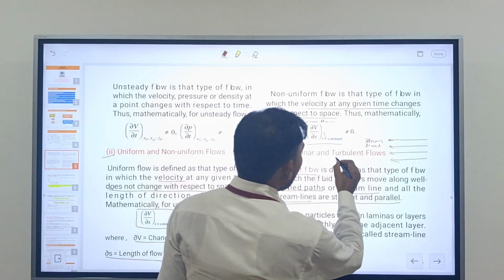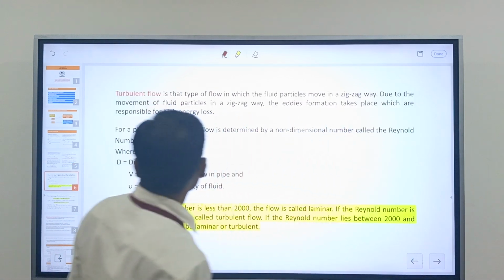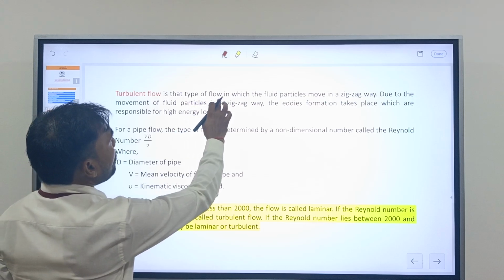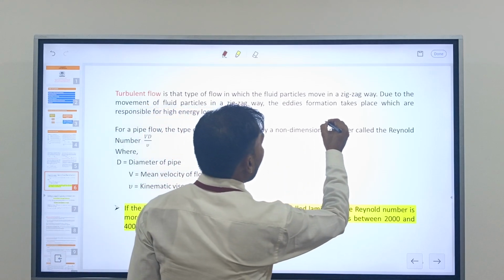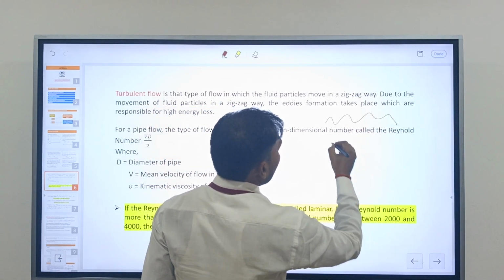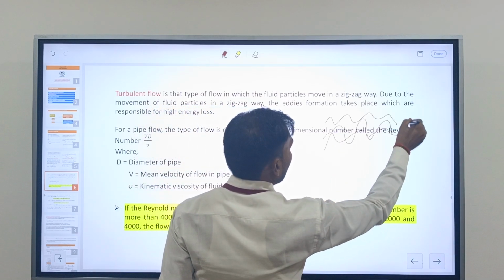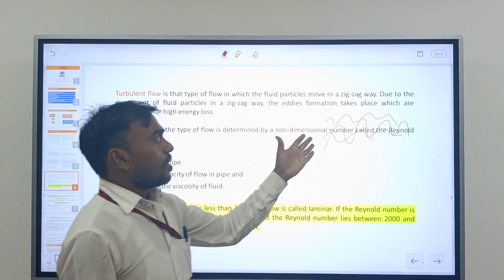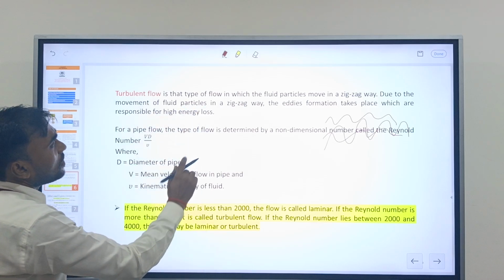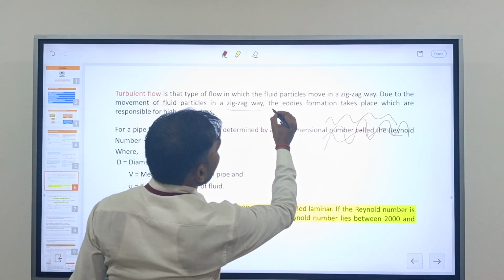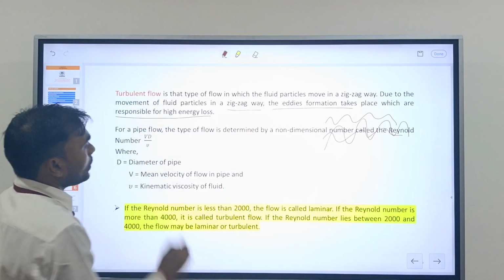Now, turbulent fluid flow is that type of fluid flow in which the fluid particles move in a zigzag way. The zigzag way can be represented in this way. You can also represent it like this. So due to the movement of fluid particles in a zigzag way, eddy formation takes place, which is responsible for high energy loss.